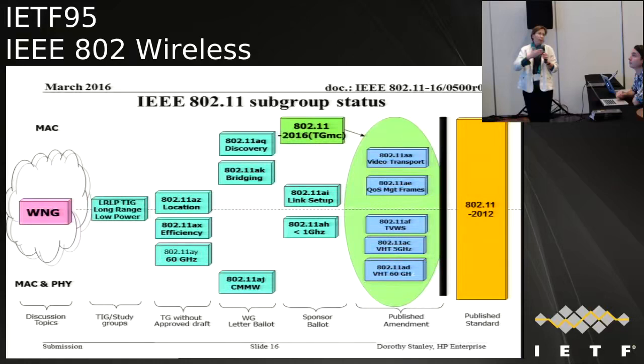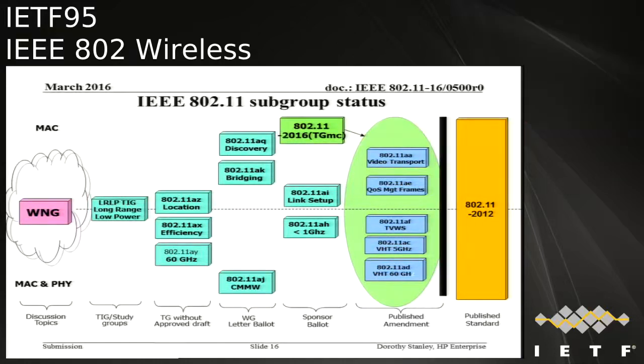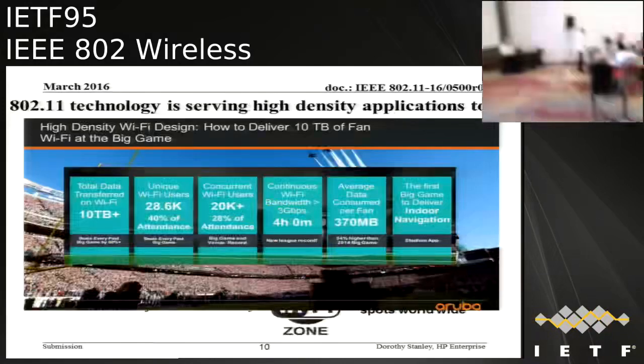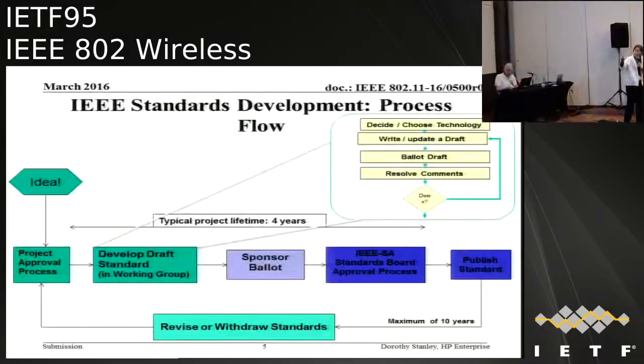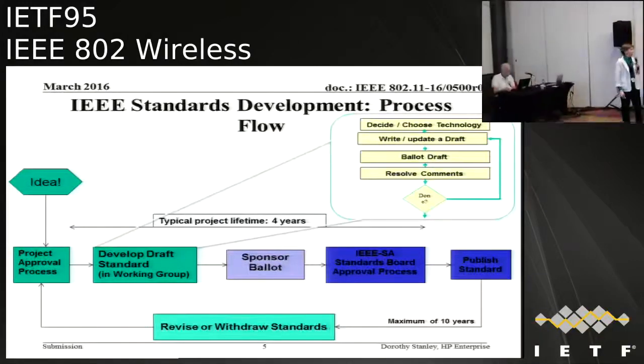Then we have three groups that are in working group letter ballot. So they have a draft, and it is either a draft 1, draft 2, draft 3, but they have a draft. It's been approved, and they're continuing to refine it. So they are, just going back here, in the second green box that says develop draft standard in working group.